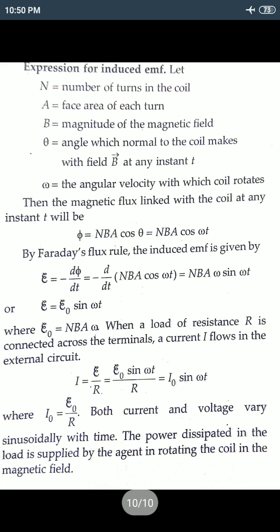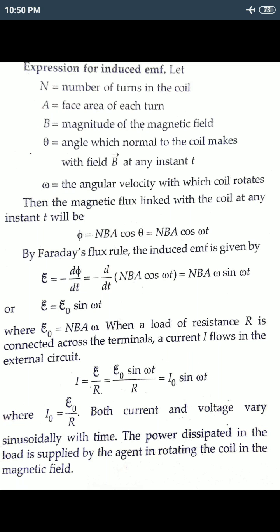If we want to find the expression of the induced EMF: N is the number of turns, A is the area of the face, B is the magnitude of the magnetic field, theta is the angle which the normal of the coil makes with B, and omega is the angular velocity of the coil.